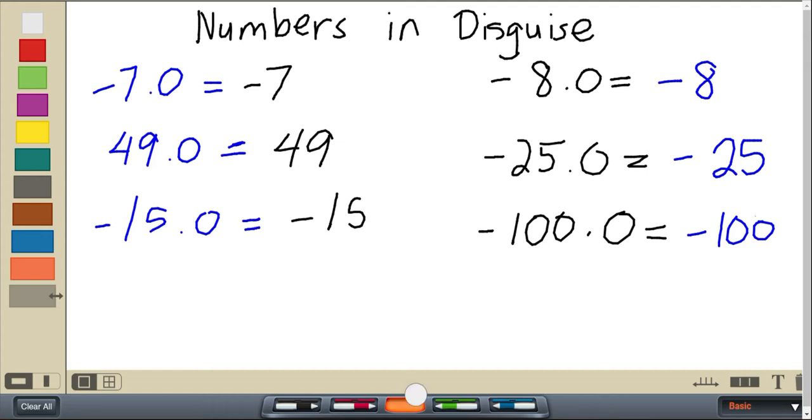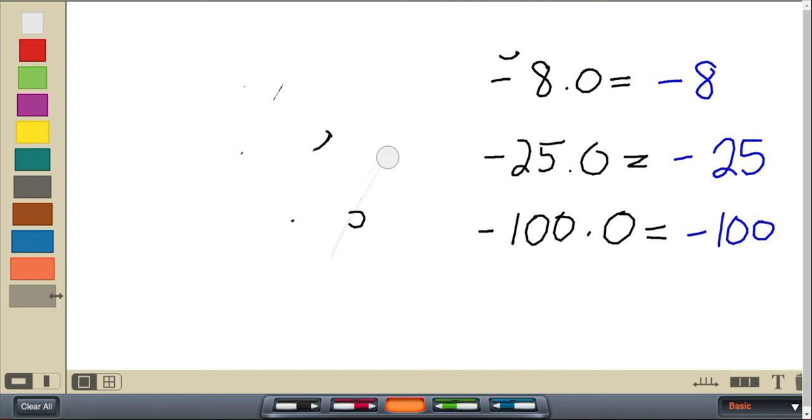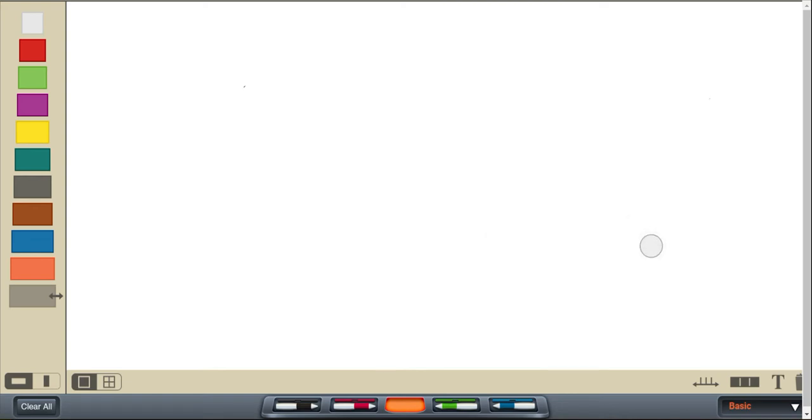I'm going to give 10 examples or practice before we move to the next lesson, because we need to see first if you really understood this concept. It's going to be hard for you to identify these numbers in the real number system chart if you're still confused.